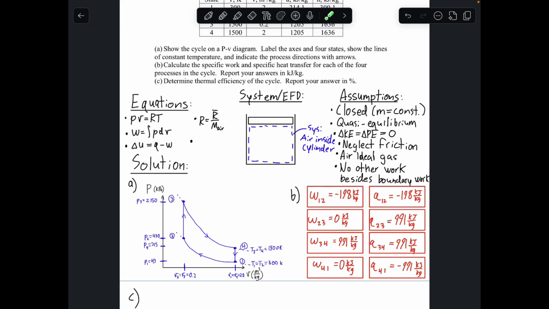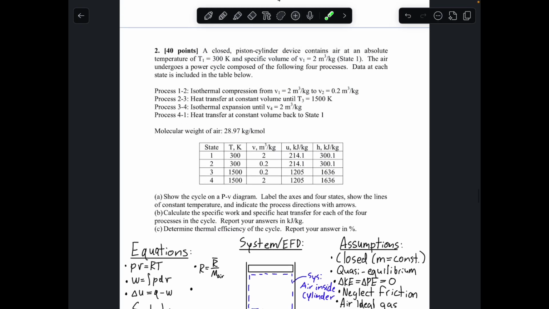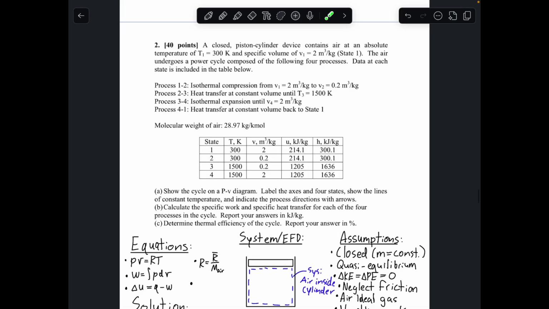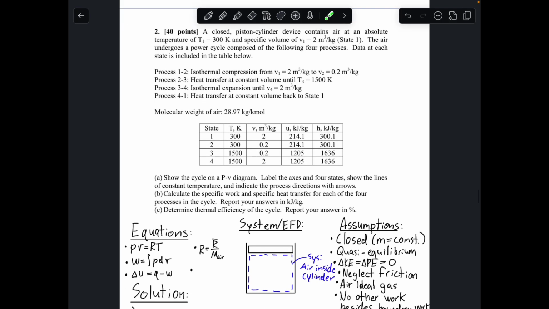But now part C is pretty nice because we can just plug those values for work and heat transfer into our equation for thermal efficiency. We just need to figure out which values we're going to use for work and heat transfer. But we are going to use our equation for thermal efficiency that we use for power cycles, since it says we have a power cycle here. So let's scroll down to the equation sheet and look at which efficiency equation we should use.